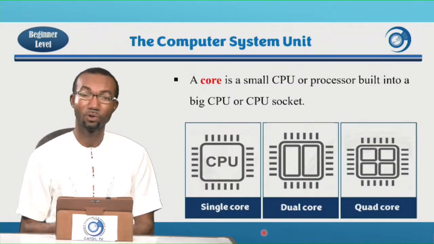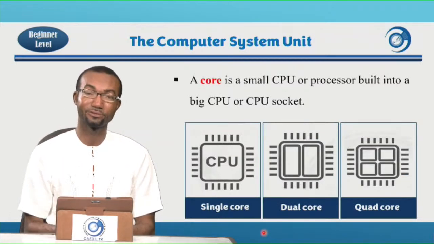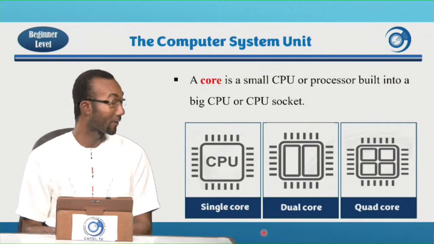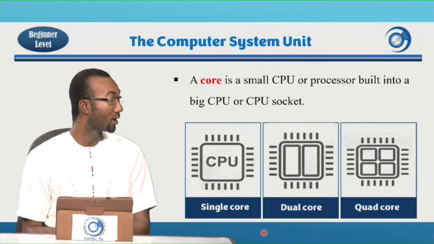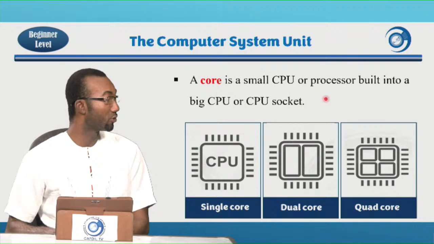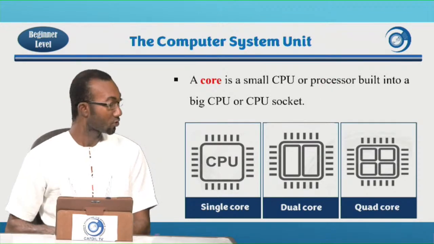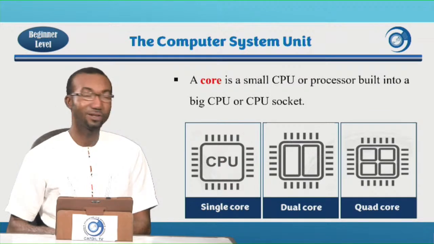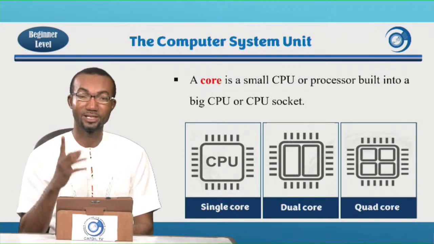Now we saw Core i3, Core i5, Core i7, Core i9. What is the meaning of the core? A core is a small CPU built into a big CPU or CPU socket. So normally when computers started emerging, we had only one CPU, a single core.